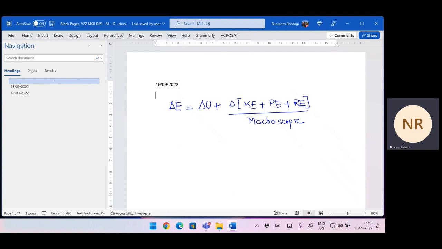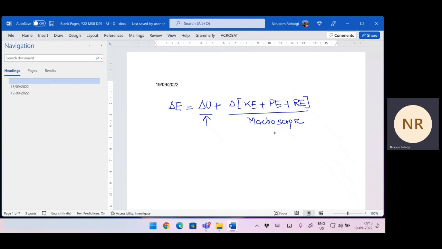It's because of the velocity of the system, because of the position of the system, because of the rotation of the system. And we are not talking about the velocity of molecules, position of molecules, or rotation of molecules. We're not talking about that. That comes here in delta U. We have already talked about it.